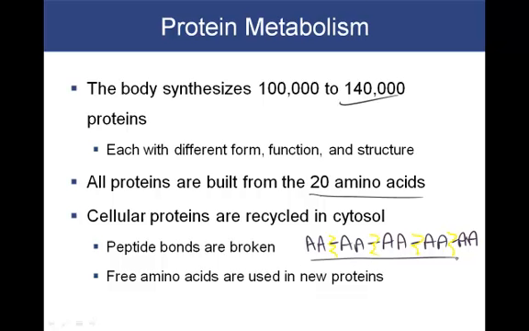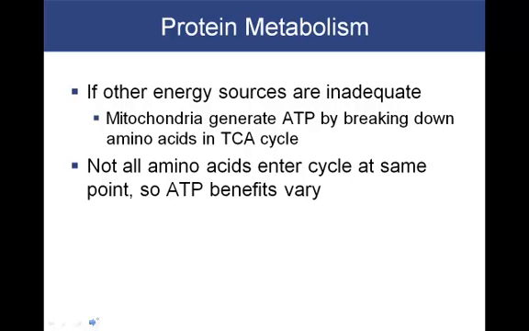And that releases amino acids. And those amino acids can then go back to the nutrient pool, where they can be incorporated in the production of a new protein, or they can be broken down. Some amino acids, but not all, can be broken down and enter the TCA cycle at various stages. It just depends on the specific amino acids. So not all amino acids produce the same result in terms of energy production.